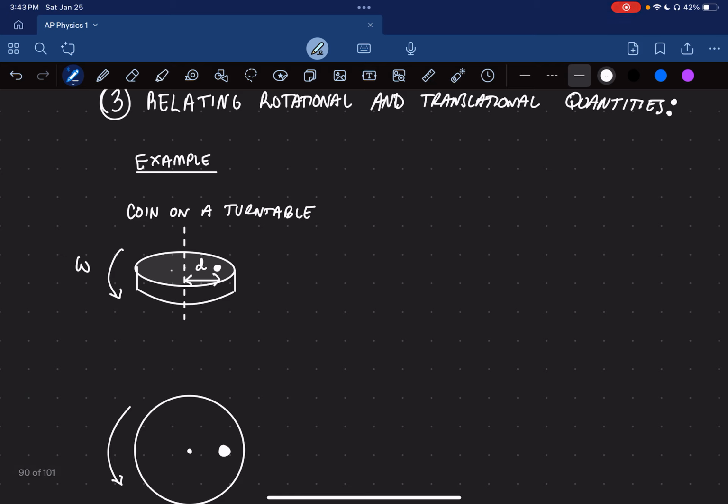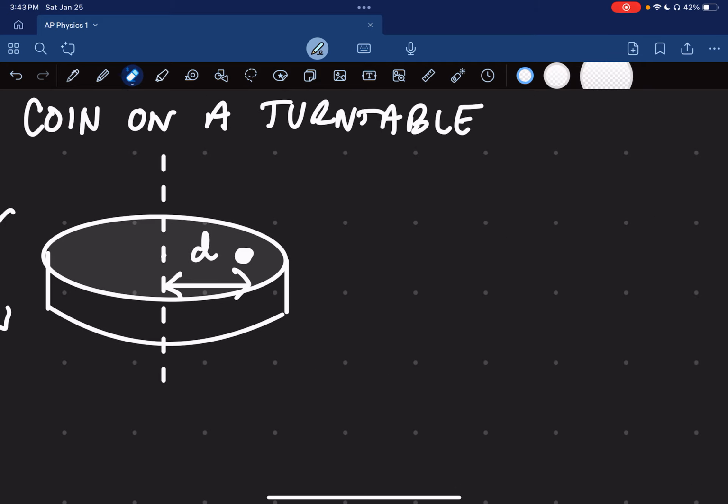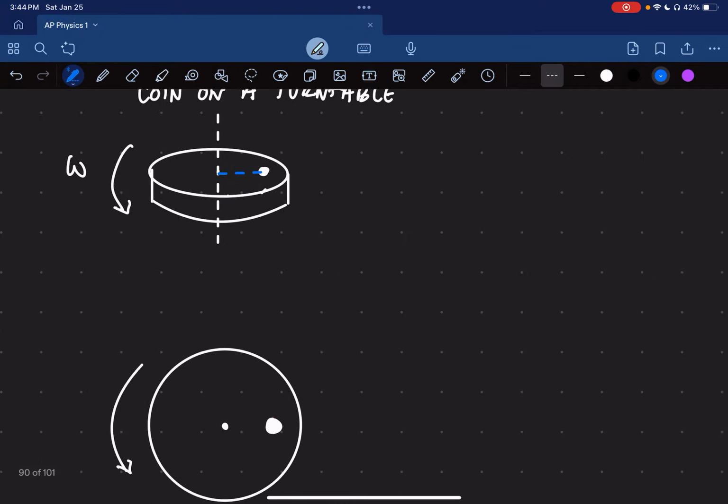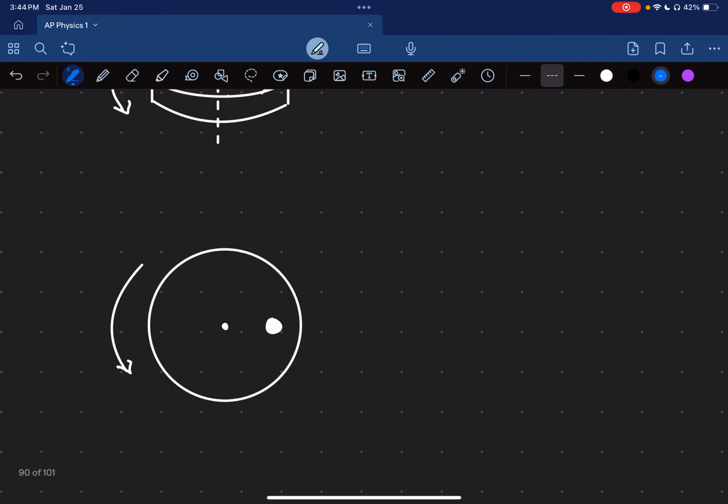It's a turntable, and there's a coin, which is this dot right here, sitting on the turntable, and the coin is a distance away from the axis of rotation, which I'm just going to write as a dotted line here. So the coin is that far away from the center of rotation, and it's rotating with angular speed omega, which I'll also show over here. This is a top view.